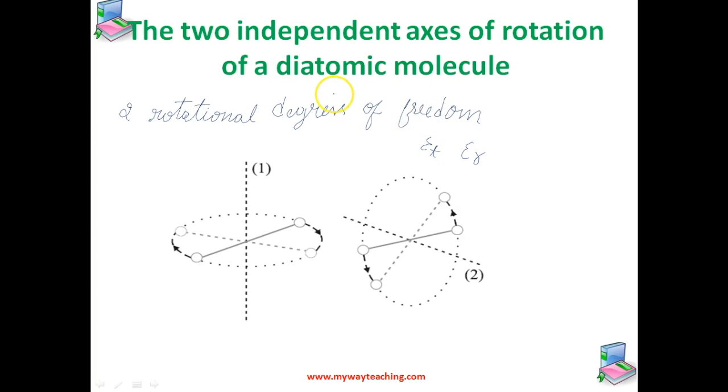Okay. So here we can write the total energy as epsilon, translational energy plus rotational energy. This is rotational.